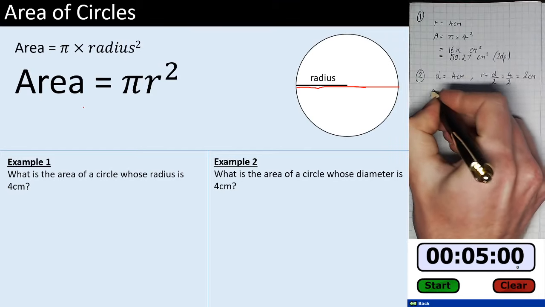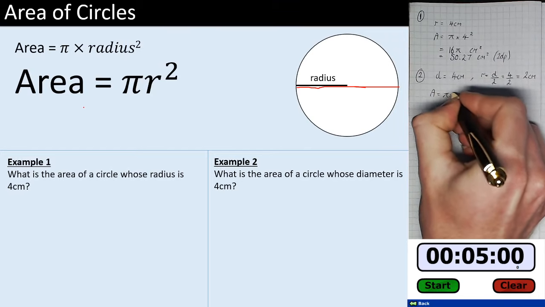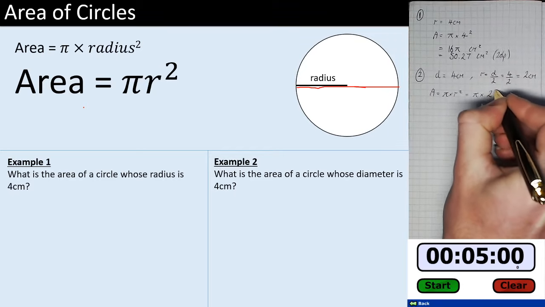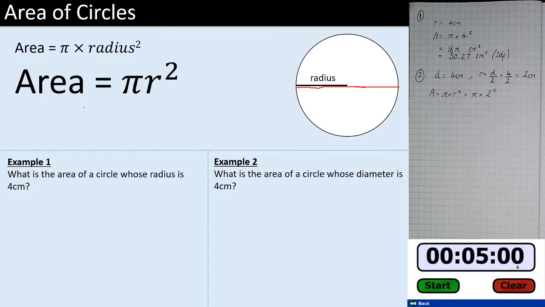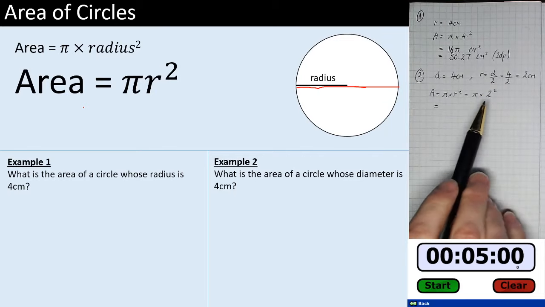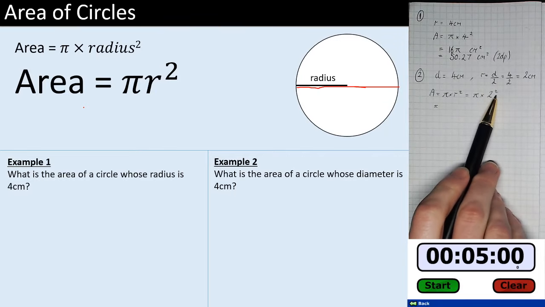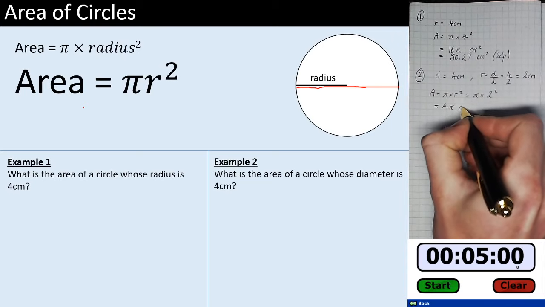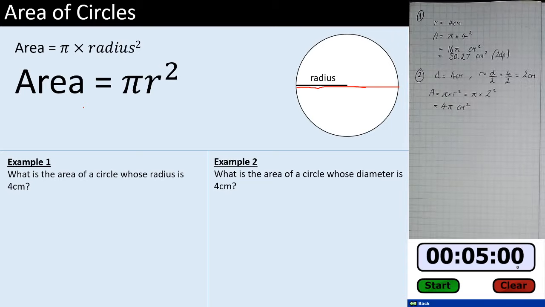So our area, which is pi times radius squared, is going to be pi times 2 squared. Now we can write our answer in the lazy way or using our calculator. We're going to do both. So the lazy way of doing it would be to say, well, 2 squared, 2 times 2 is 4. So that would be equal to 4 pi centimeters squared.